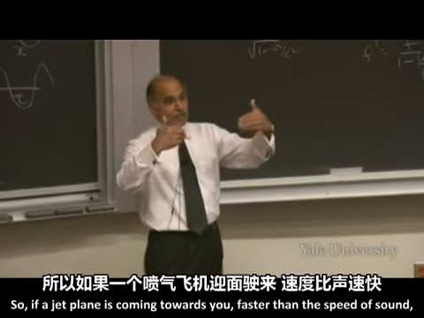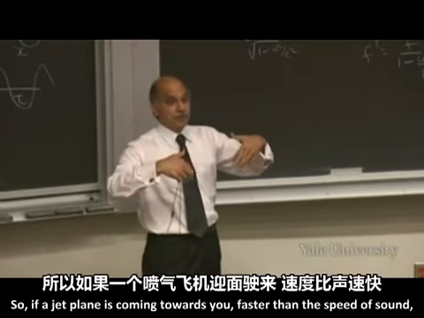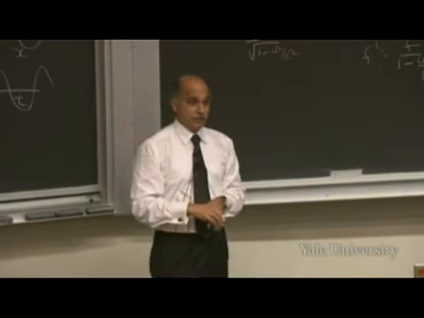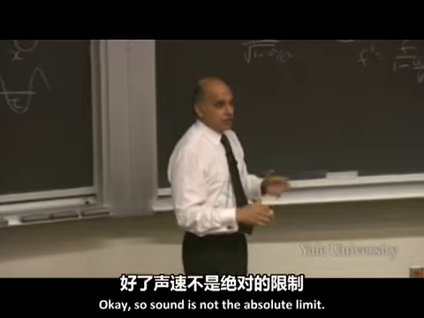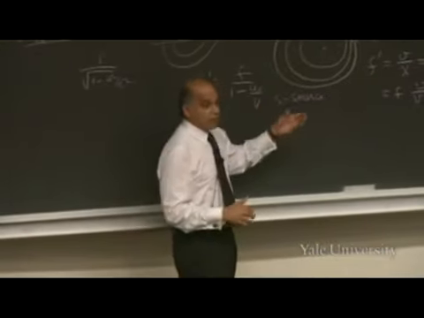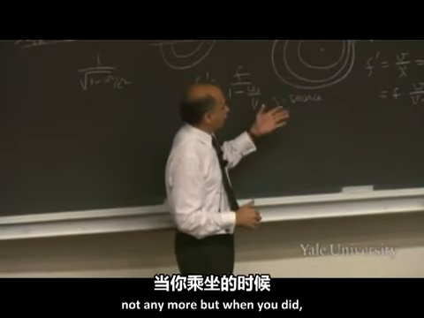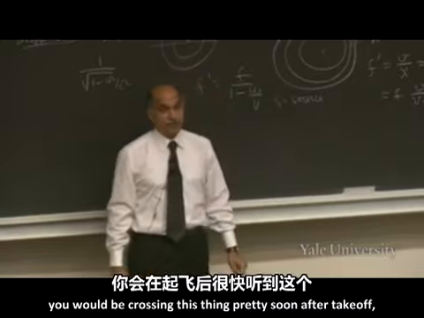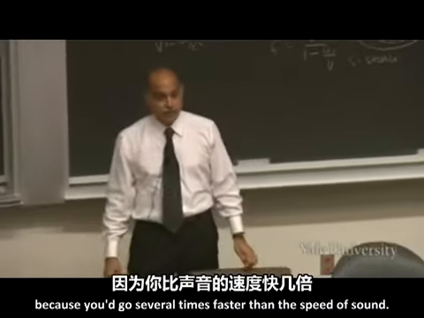So if a jet plane is coming towards you faster than the speed of sound, you won't have time to get out of the way, because it'll hit you before the sound waves hit you. Okay, so sound is not the absolute limit. Every time you went in the Concorde, well, not anymore, but when you did, you would be crossing this thing pretty soon after takeoff, because you go several times faster than the speed of sound.